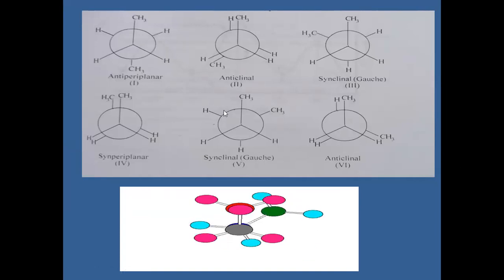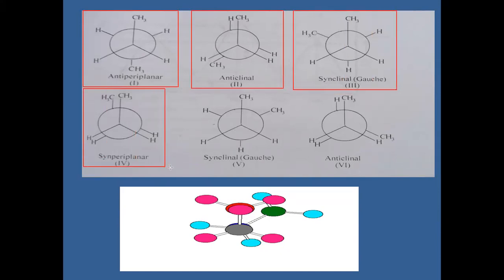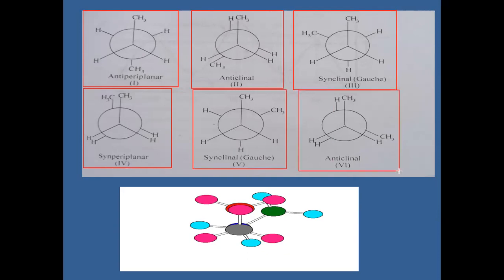So in this case, we get a total of 6 conformations. Let's study their names first. First one is called anti-periplanar. Second one is called anticlinal. Third one is called synclinal. Fourth one is called synperiplanar. Then we have a synclinal. And at last we have an anticlinal.